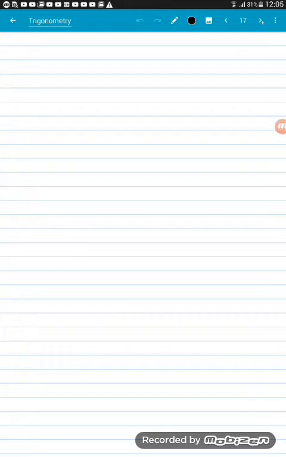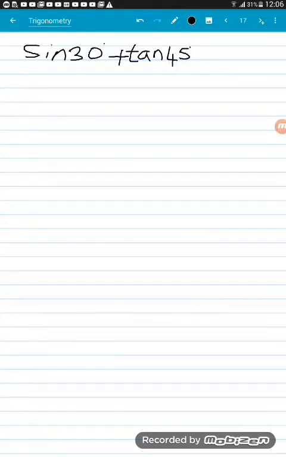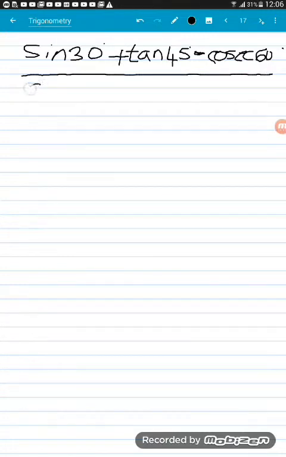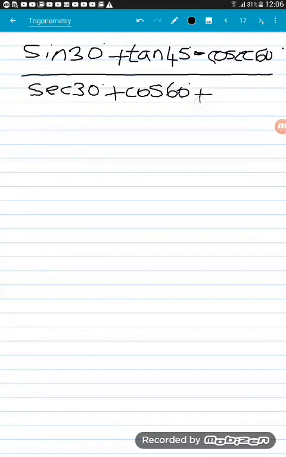It says sin 30 plus tan 45 minus cosec 60 by sec 30 plus cos 60 by cot 45.